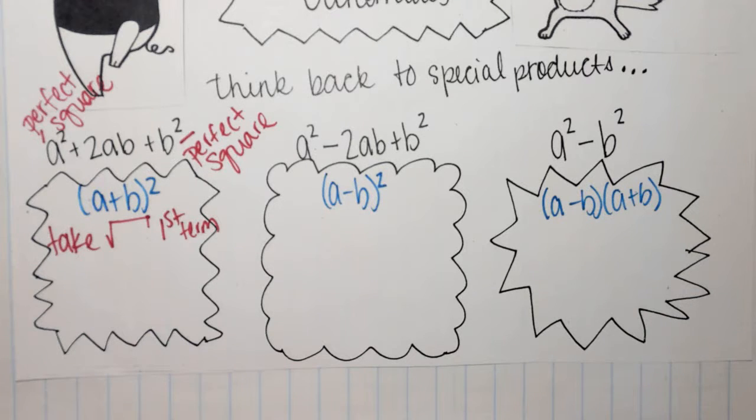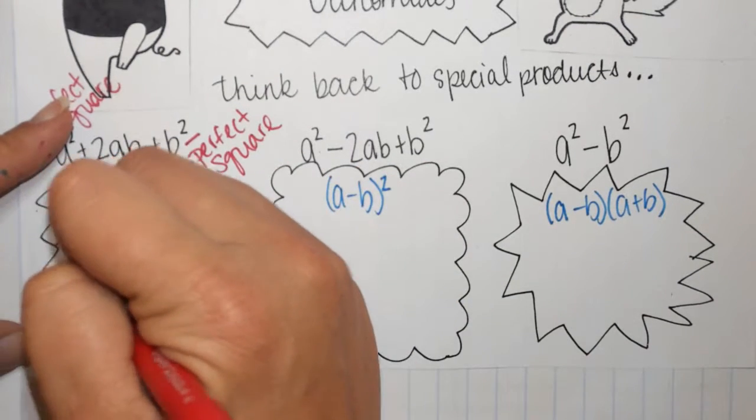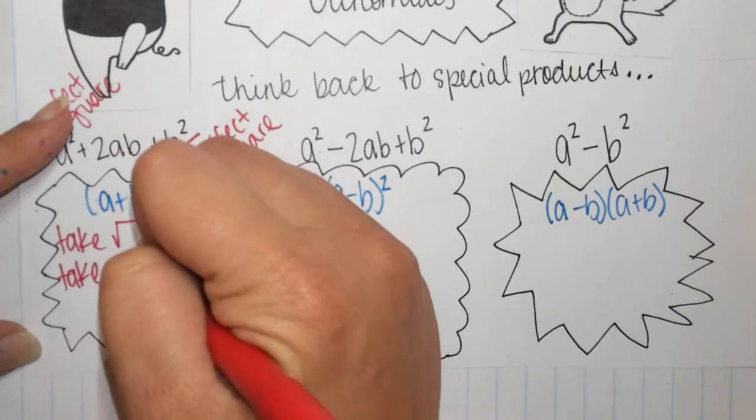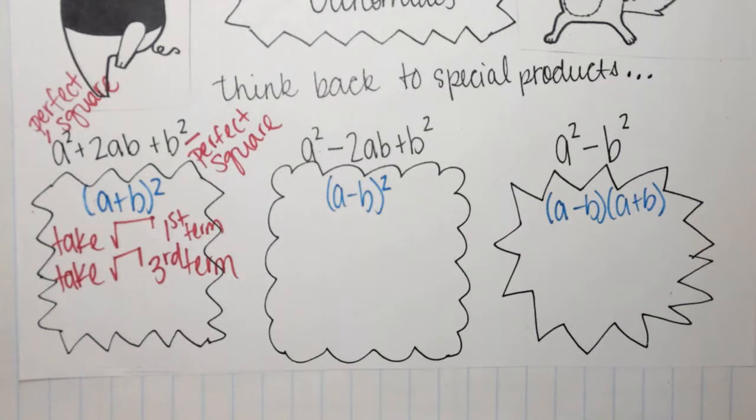No, so you can't use it. If I had x squared plus 2x plus 6, is that a perfect square? 6 is not a perfect square. What if I had x squared and 9 at the end? Yes, depending on what's the middle. Alright, so then you take the square root of the third term. And then you put it in your parentheses and you're done.